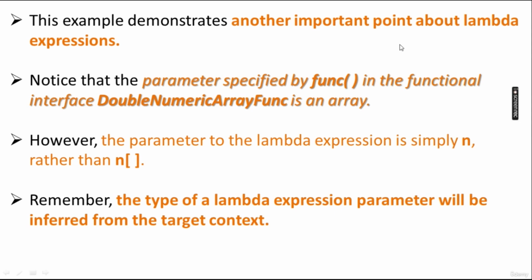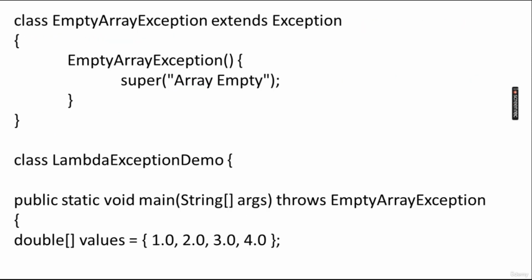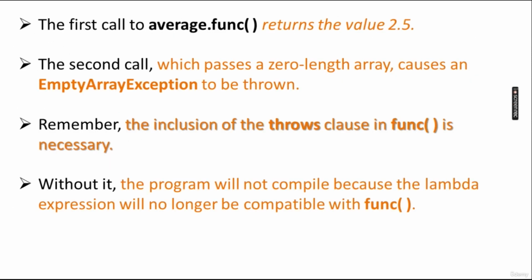Okay, this example will tell you another important point regarding lambda expressions. The parameter specified by function in the functional interface double numeric array function is an array. Okay, it is having a double array n, and when it is a zero length array, it will throw an exception.